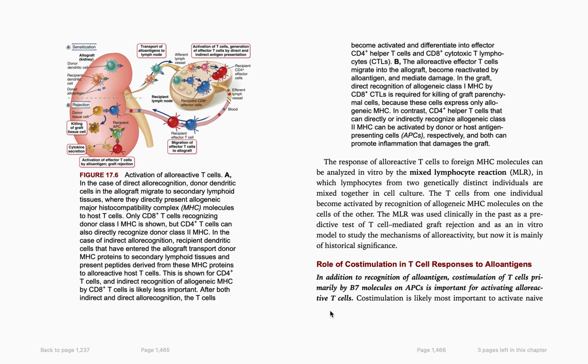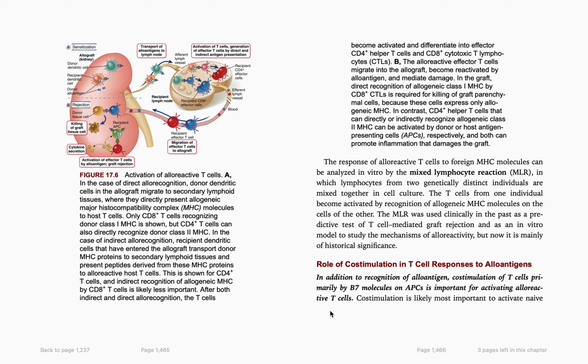class 2 MHC. In the case of indirect allorecognition, recipients' dendritic cells that have entered the allograft transport donor MHC protein to secondary lymphoid tissue and present peptides derived from these MHC proteins to alloreactive host T cells. This is shown for CD4 T cells; indirect recognition of allogeneic MHC by CD8 T cells is likely less important.